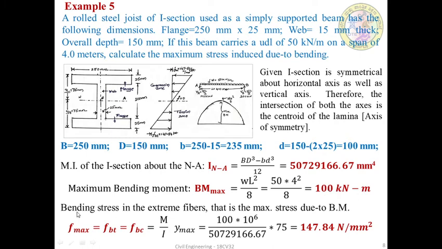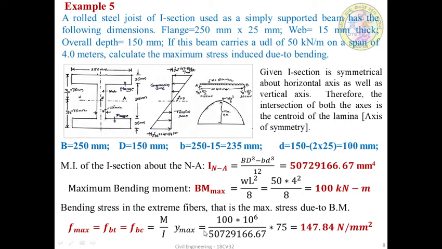And again, the bending stress in the extreme fiber, that is the stress due to bending moment, is given by f maximum. Because it is symmetrical about the horizontal as well as vertical axis, the tensile bending stress will be equal to the compressive bending stress, given by the equation M by I is equal to f by y maximum.